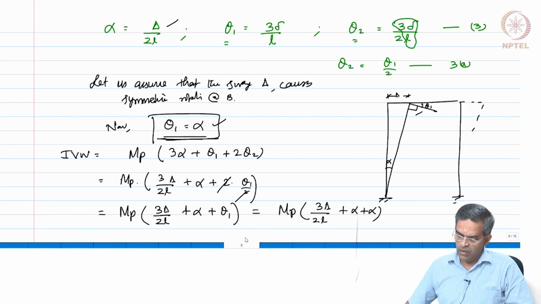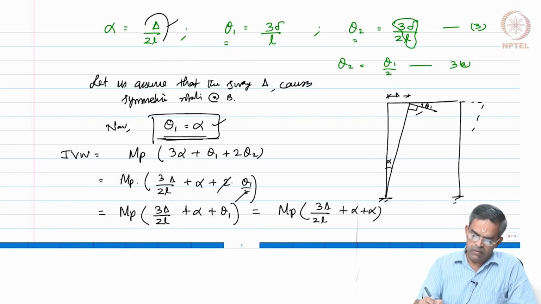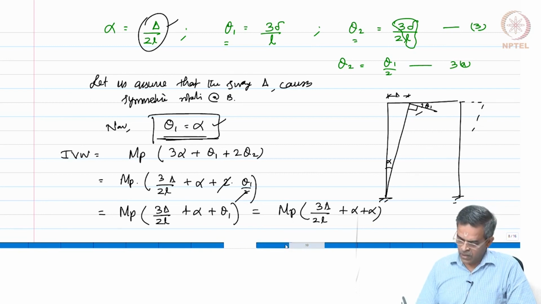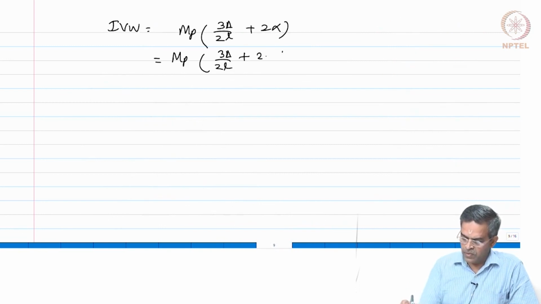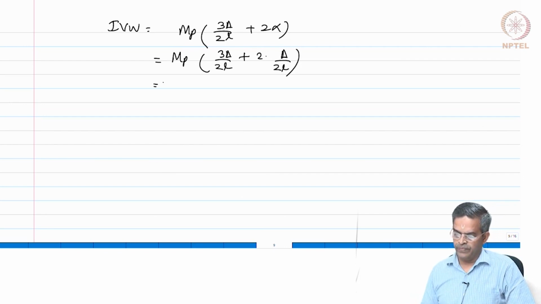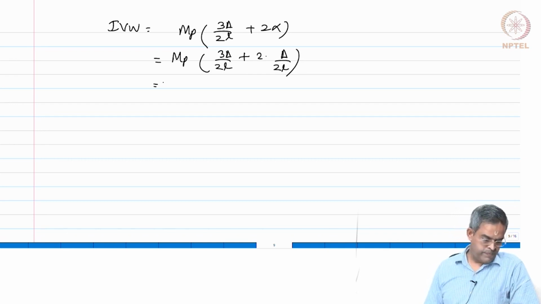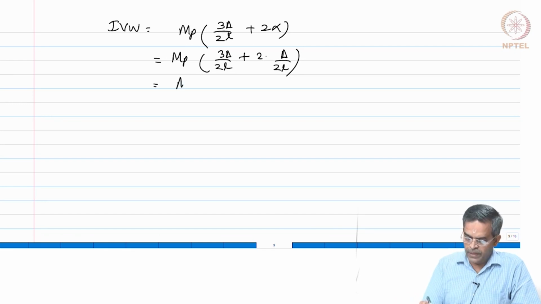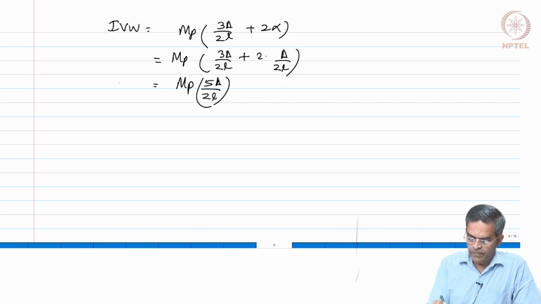Let us try to find out alpha in terms of delta, which is delta by 2L. So, can I say this as 2 times of delta by 2L, which is MP times of 5 delta by 2L.